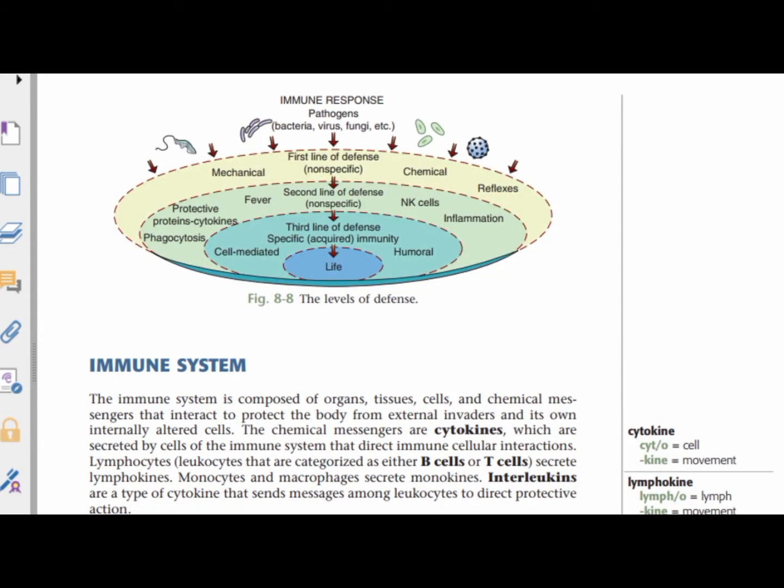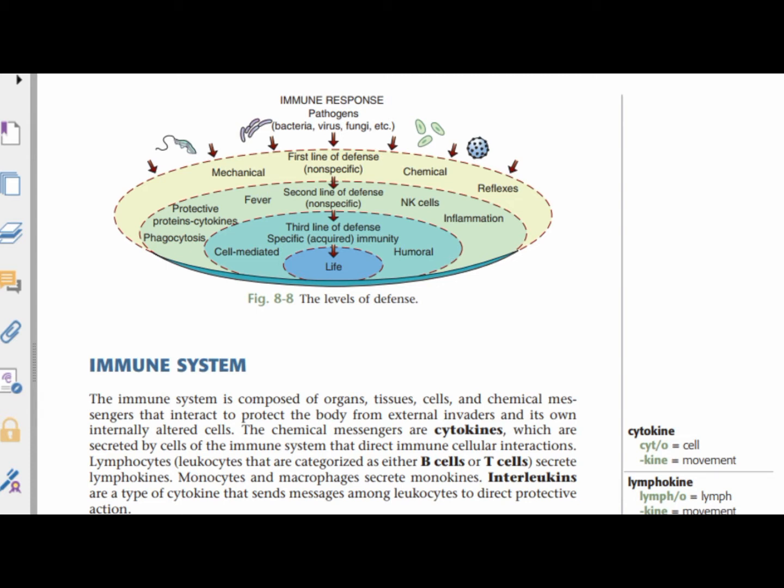Now we have basic terminology which we have to learn first. We have your cytokine. Cyte means cells, kin means movement. So these are the moving cells, known as messengers. Then we have the lymphokine, where lympho refers to lymph, a fluid that moves in our immune system. Then you have your monokine.